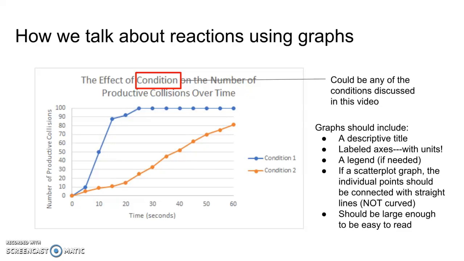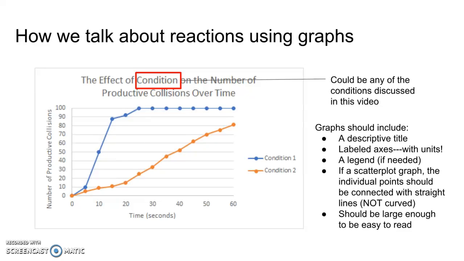If it's a scatter plot graph, which is what you'll do for chemistry, the individual points should be connected with straight lines, not with curved. If you end up putting a curved line on it, there's that function in Excel that actually starts implying data that you don't actually have. So please keep that in mind.